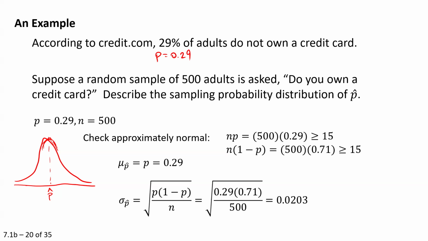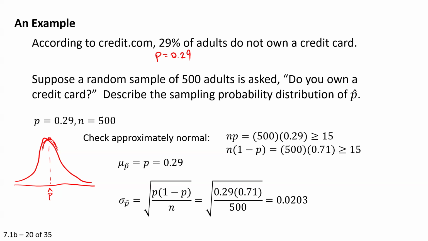What should be the center of that distribution? On the average, what should they find? If 29% of adults in all don't own a credit card, then on average, what should we find when we're sampling 500 people and asking them, do you own a credit card?